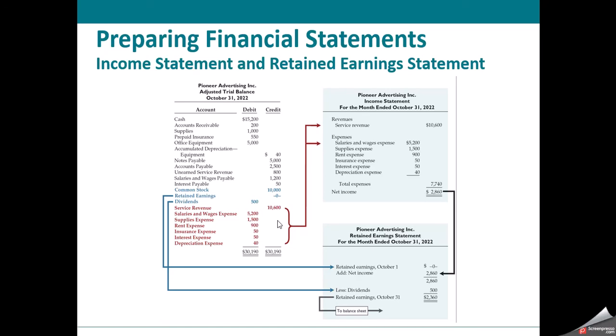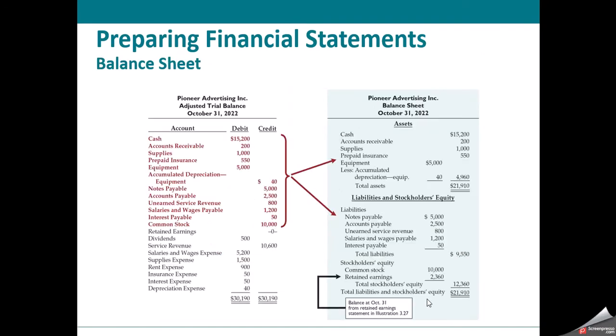So again, here you can see them going in. Here's our trial balance. All of our revenues come into our income statement. All of our expenses come into our income statement. Our revenues less our expenses provide our income. Our income rolls down into our statement of retained earnings. Our dividends paid are on the adjusted trial balance. Those reduce that net income. And then this is our retained earnings that will roll into our balance sheet.